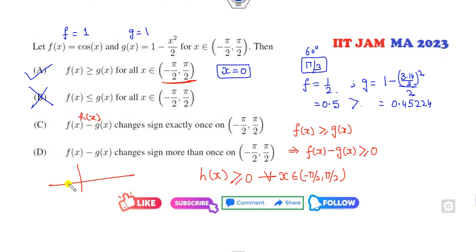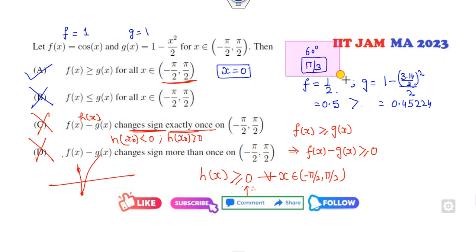If you draw the graph from minus pi by 2 to plus pi by 2, it is always increasing. Can it change sign? What is the meaning of changing sign? It means at some point this value should be less than 0, and at some point its value is greater than 0. But that is not possible because it is increasing. So that means there is no change in sign.